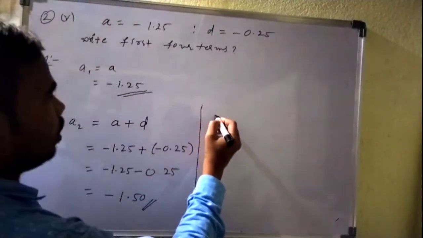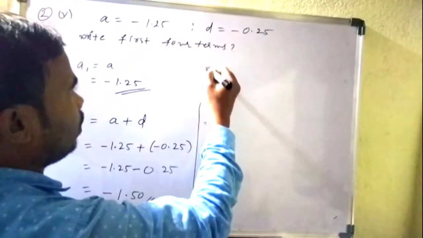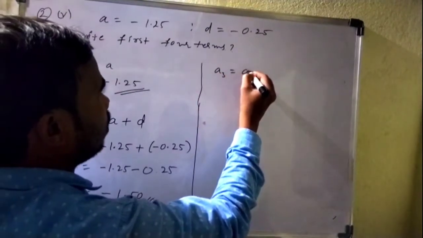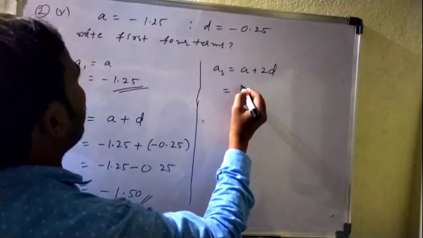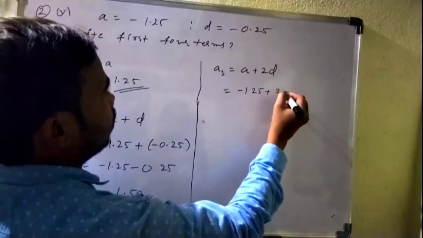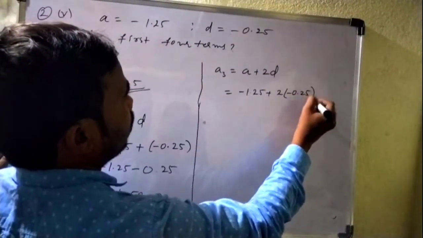Now A3. A3 is equal to what? Now we are finding A3. A plus 2D. Here the A value is the same, minus 1.25 plus 2 into minus 0.25.